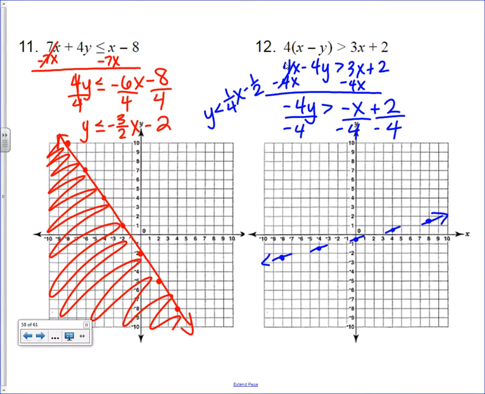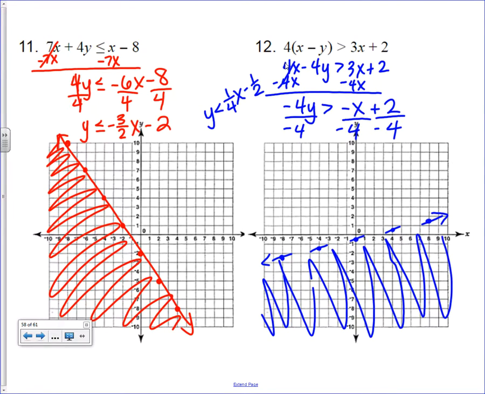Above or below? Oh, I've got below. Do you all have below? Do you or not? Because didn't we have to flip our symbol? Yeah. Ooh, so this is a close one. Is 0, 0 a solution? It is not.